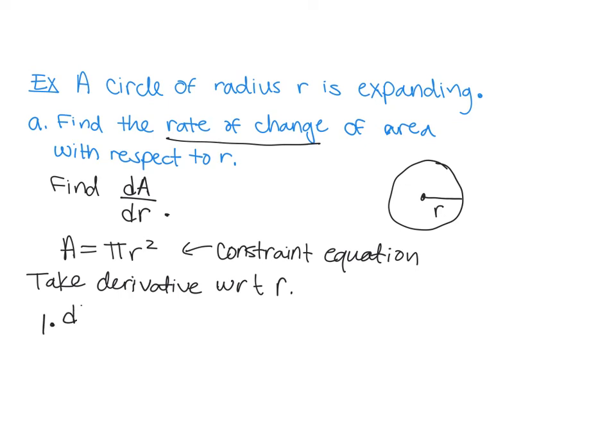And then we're taking the derivative with respect to r, so we have to multiply that by dA/dr equals the derivative of pi r squared. So r is our variable. So we bring down our 2, keep the pi. We got r to the first power. There we go. Now we have dA/dr by itself. That's exactly what the problem was asking for. Find the rate of change of the area with respect to r. And there we go.